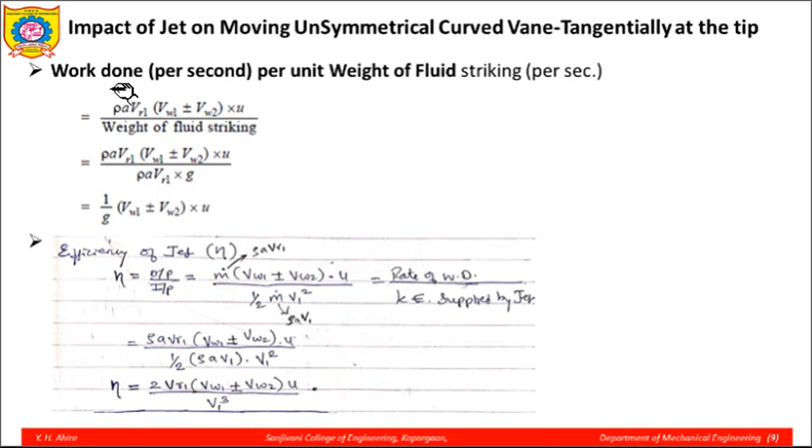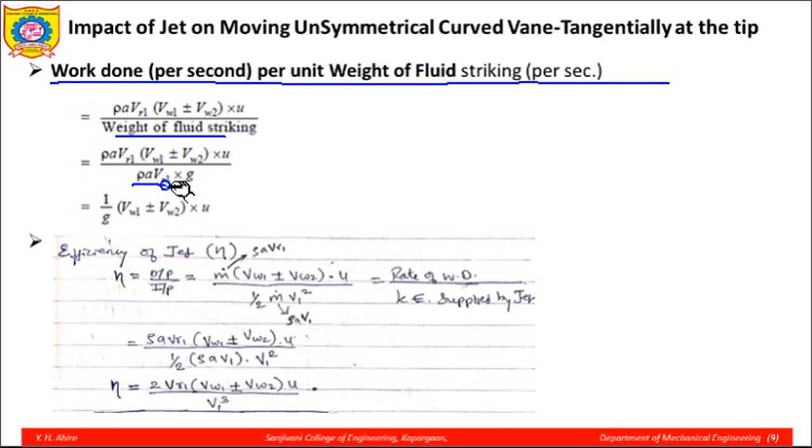Then the next parameter is work done per second per unit weight of fluid striking the vane per second. Now this is a slightly new concept. It is a ratio of work done per second, the numerator, divided by the weight of the fluid striking the vane per second. The weight of the fluid striking is nothing but mass flow rate into gravitational acceleration.